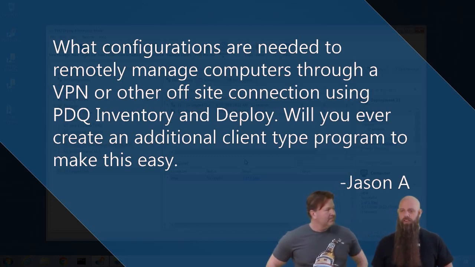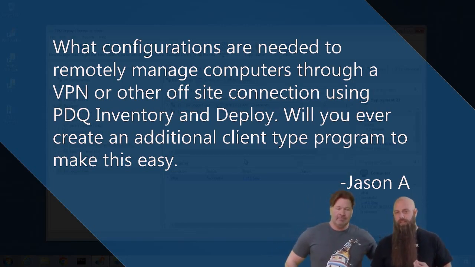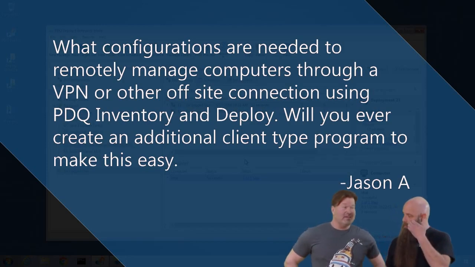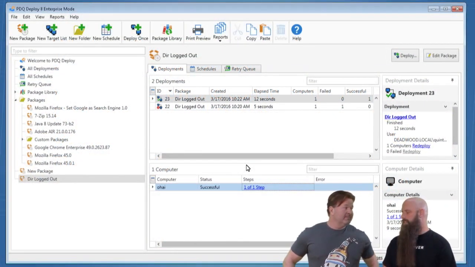Now, as far as remotely managing computers through a VPN, it's the same requirements as through the local area network, and that is you need to have access to those computers via file and print sharing. You also have to have updated DNS so you can get to them. Hopefully if you use DHCP, it automatically updates DNS.